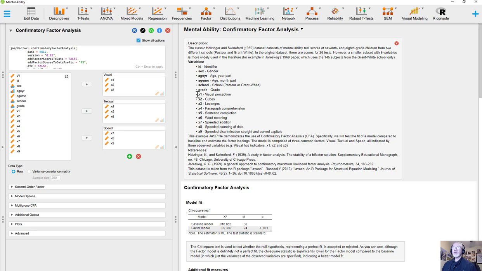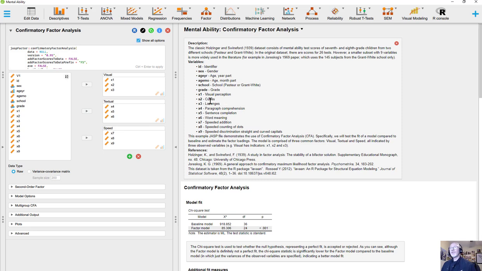Most importantly, I want to focus on factor analyzing these variables called x1 down to x9. You'll notice that the first three of these, x1 is visual perception, then cubes, then lozenges. I don't think that's talking about throat lozenges. These are measures of visual perception.